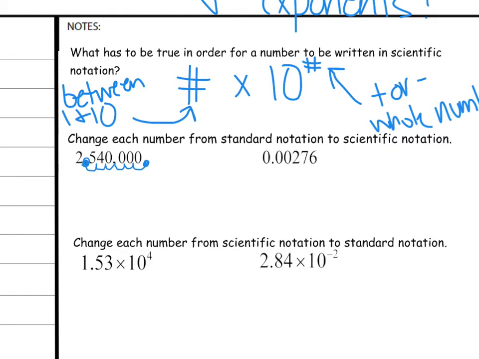So my first number between 1 and 10 is 2.54. Then I put times 10, and since we moved it 6 times, I put 6 for the exponent. I have to decide if it's going to be a positive 6 or a negative 6. In this case, it stays positive because it's a very large number.